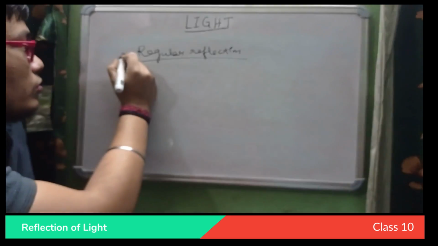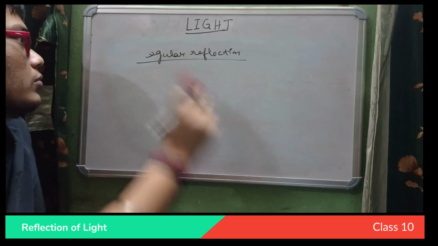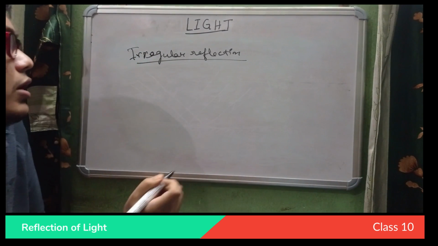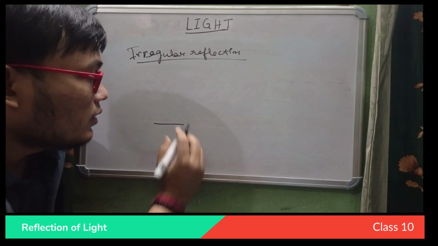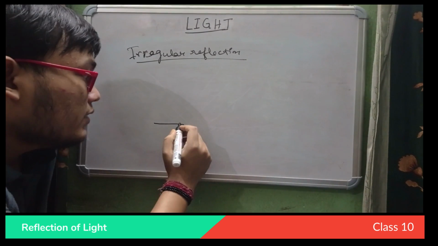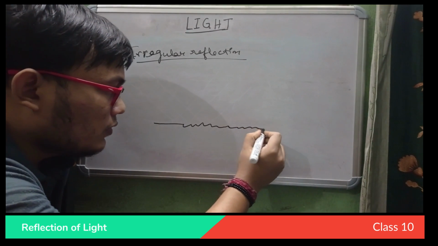Now if we come to irregular reflection, the surface is not polished and it is not even, rather it is uneven. There are bumps in the surface.